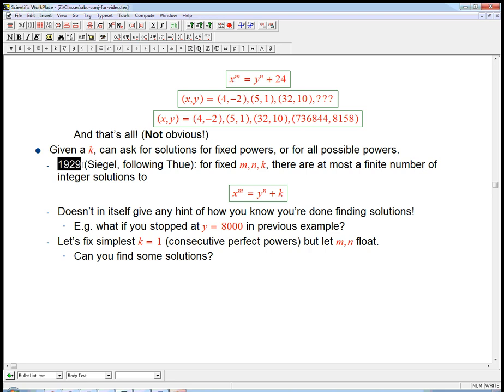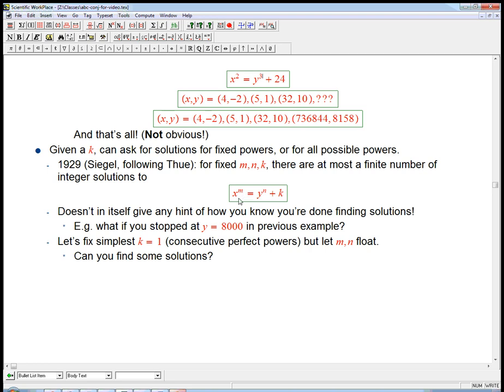Okay. Now, a little bit about what's known. In 1929, Siegel, apparently following important work of Thue, showed that for fixed powers and a fixed shift, so the m and the n and the k are fixed, very much like the example we were just doing, you can choose whatever you want but you fix them.